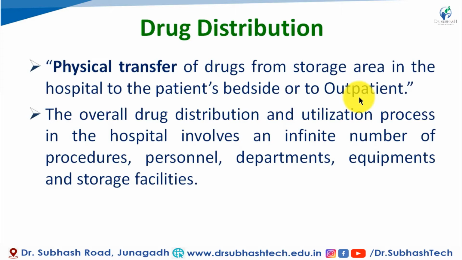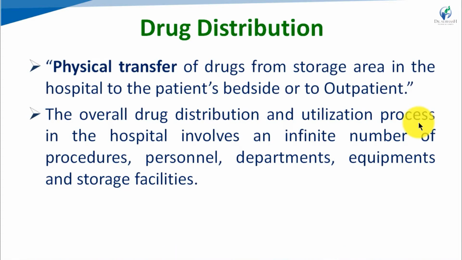Generally in a hospital, the drug that is stored in a pharmacy store, we are transferring from the pharmacy store, that means the drug store, to the inpatient bedside, or if there is an OPD, that means outpatient, then we are transferring this drug to the outpatient.